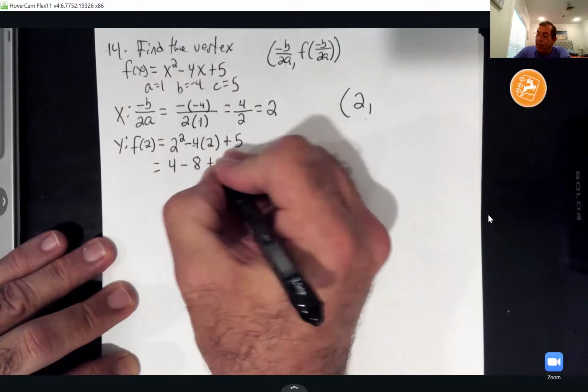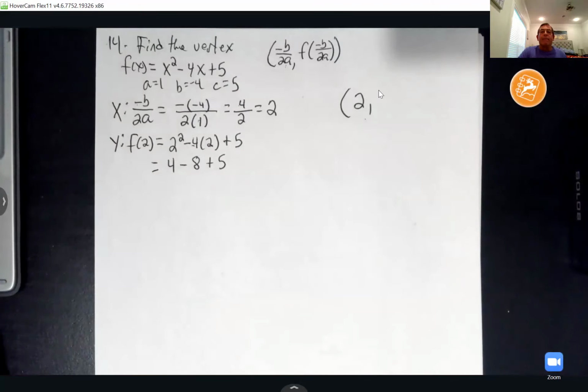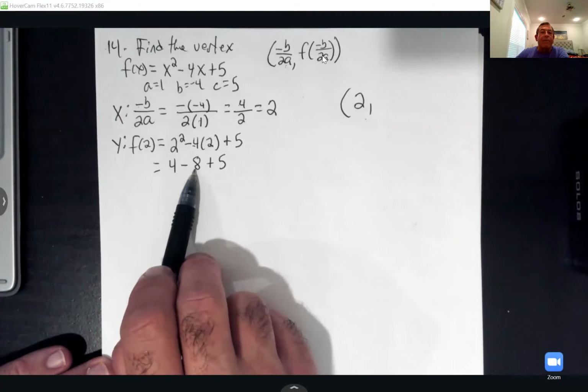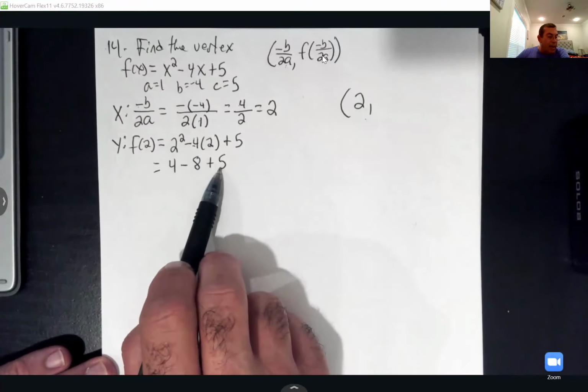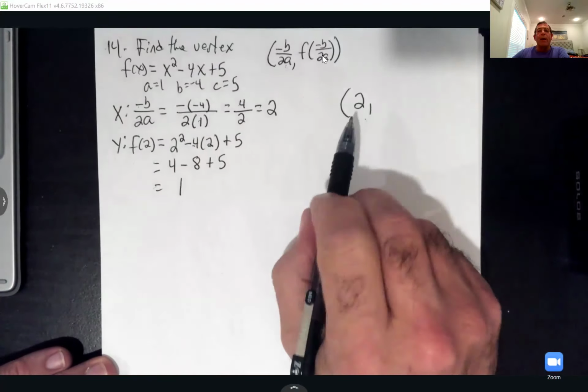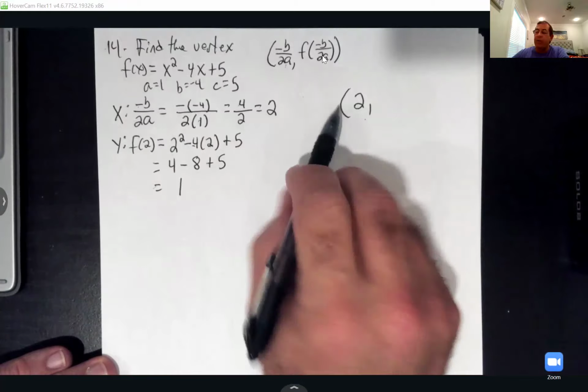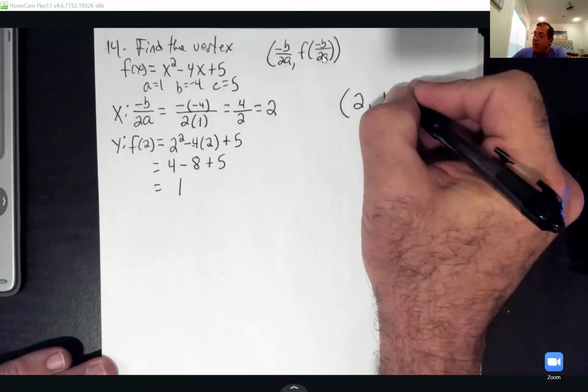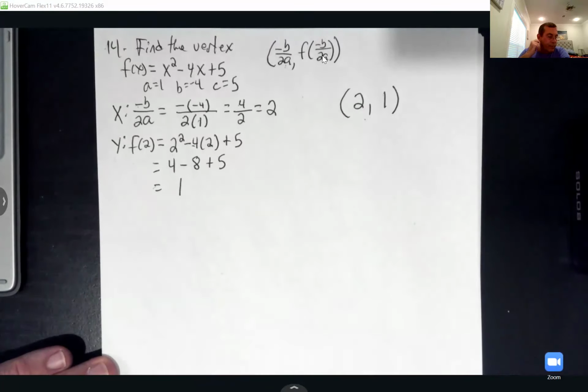And then plus my 5. All right, y'all, so let's see. That's going to give me -4. -4 plus 5 gives me a 1. So my vertex point will be an x value of 2 and a y value of 1.